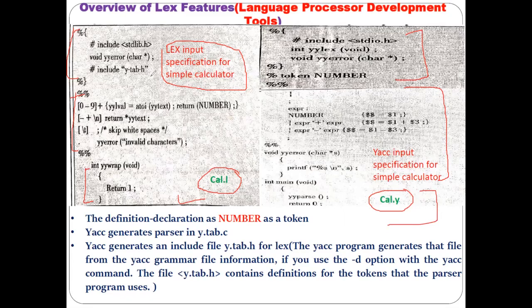First, let's understand the rule section here, then we'll understand the declaration section, because in order to understand the declaration section of lex, you need to understand the declaration section of yacc also. So first we understand the rule section of lex.